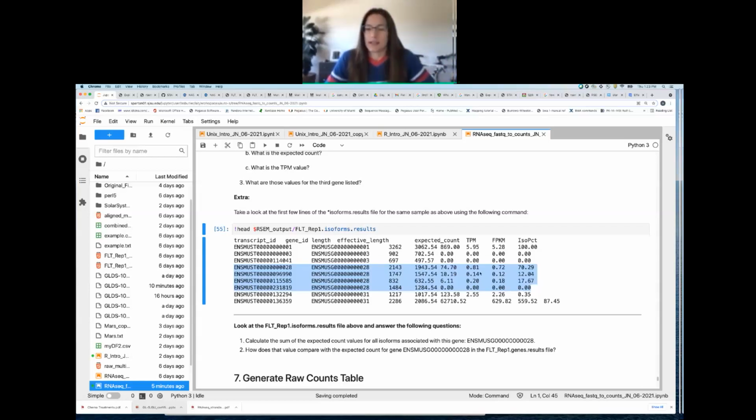Yeah, so I see a lot of you have the right answer here. It's going to be 74.7 as the expected count value for this first isoform listed, followed by 10.19 for the next one listed, then 6.11 for the third transcript for this gene. And then the last transcript, which we just talked about, is not expressed in this sample, and so that value is 0.